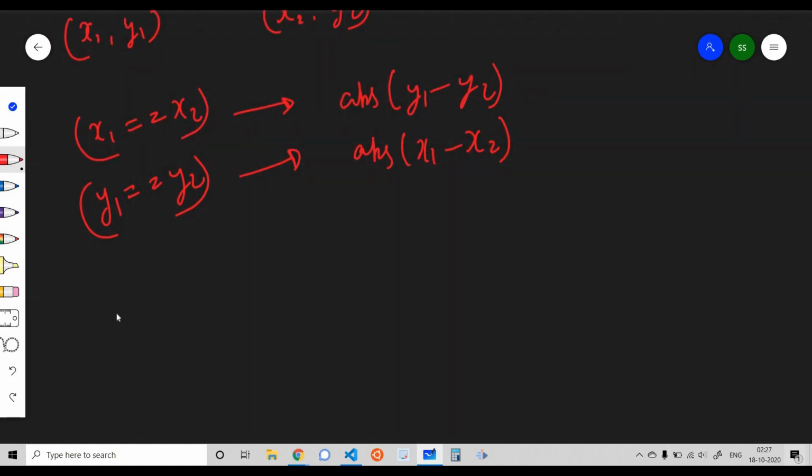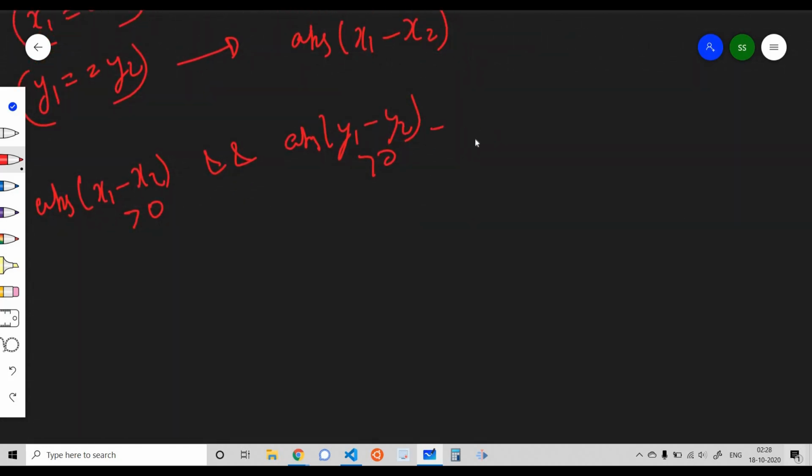And if we see the absolute difference of x1 minus x2 as well as the absolute difference of y1 minus y2 is non-zero, that is they both are greater than 0. So in this case a rabbit needs to move the box in both the direction, in x direction as well as y direction.